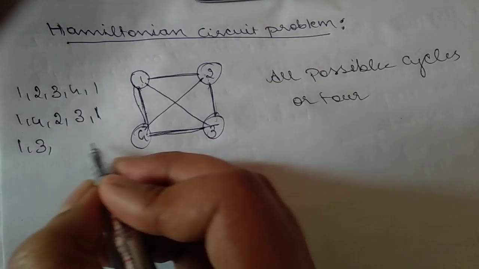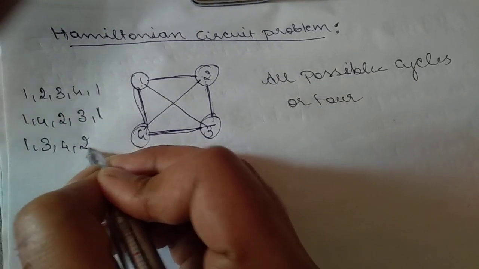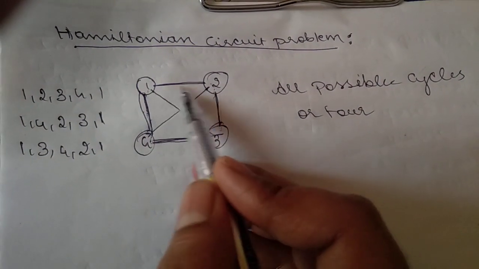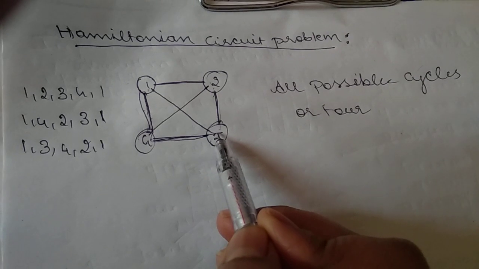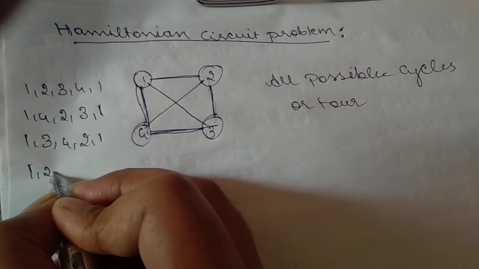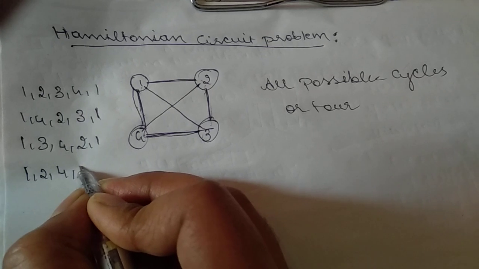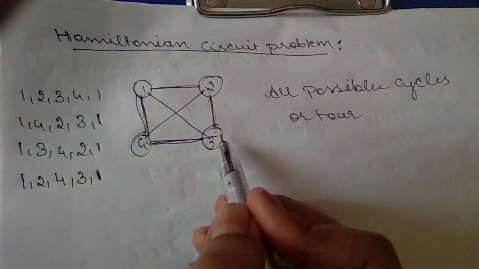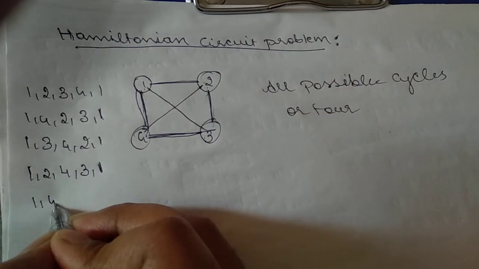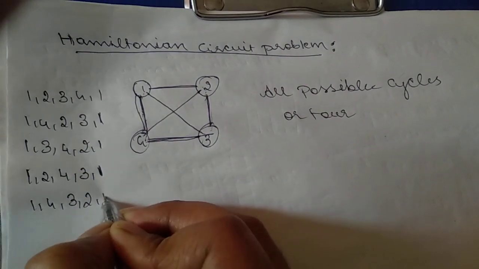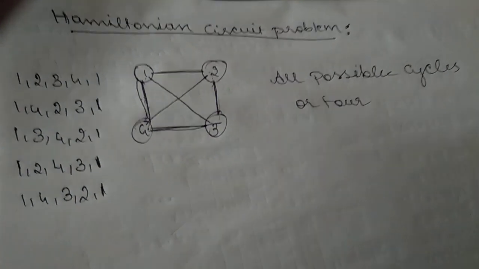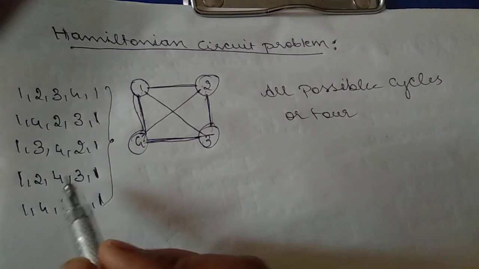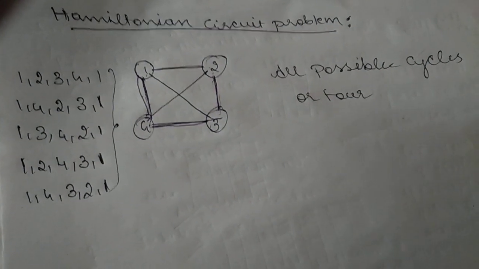Any other path? 1 to 2, 2 to 4, 4 to 3, 3 to 1. Or else 1 to 4, 4 to 3, 3 to 2, 2 to 1. Like this, there are many possibilities. Finding all these possible tours is the Hamiltonian circuit problem.